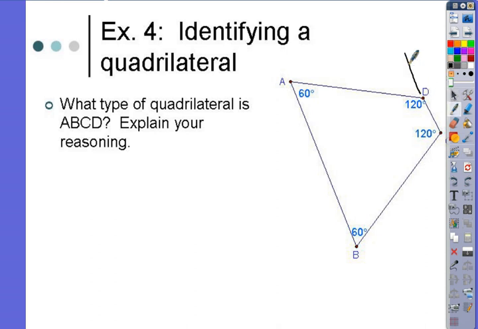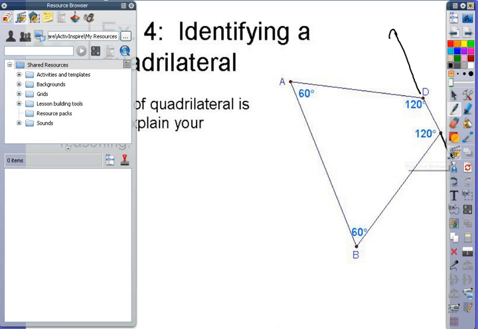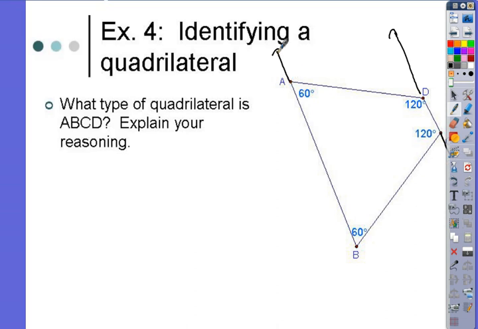Now, if two lines are cut by a transversal, let's make one of these a transversal. How about this guy? Certain things have to happen for us to know that these lines are parallel. Now, what has to be true? If what, then the lines are parallel in this case.